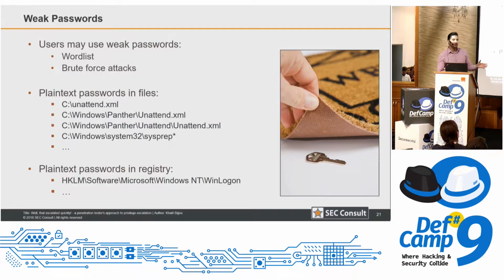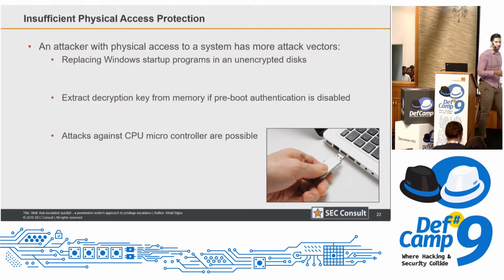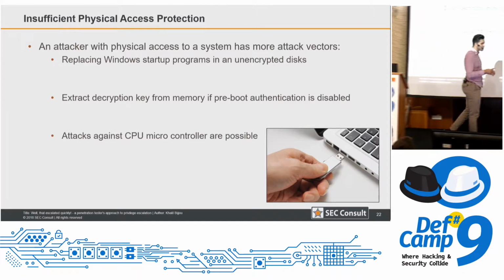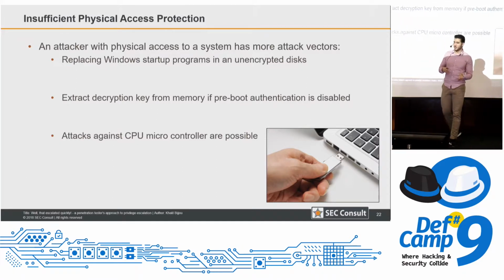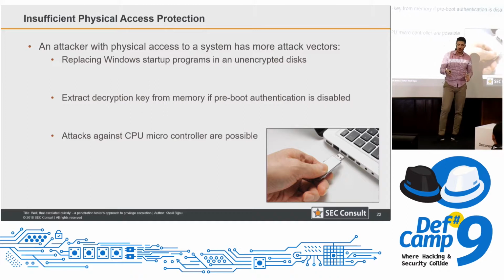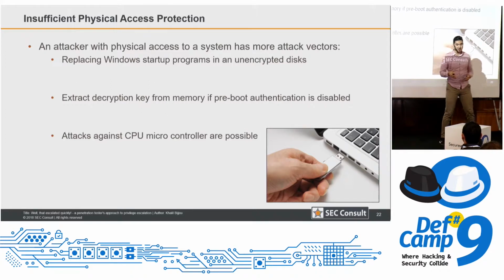And besides files, you could also find passwords in the registry. For instance, if auto login is enabled in Windows, you might find passwords there also. Another possibility is if we have physical access to a machine, be it a laptop, computer, or a server, then we could try other attacks.